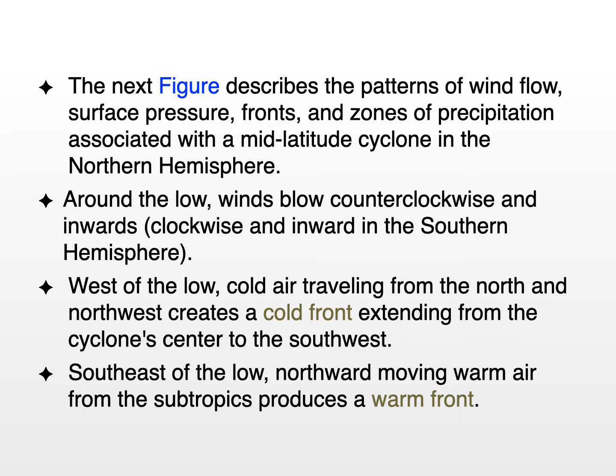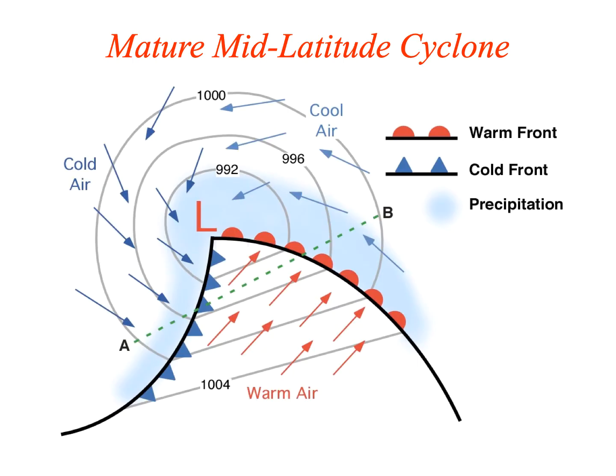And this cold front extends from the low pressure center down towards the southeast direction. Southeast of the low and northward, moving warm air from the subtropics produces the warm front. So here we can see the fronts. Now, you just use your imagination that this thing is moving in a west to east direction, and the wind is swirling around it at the same time.